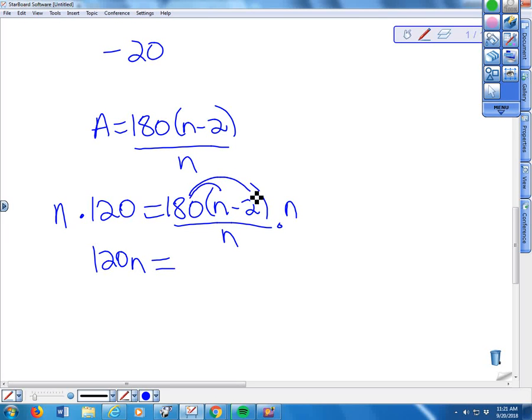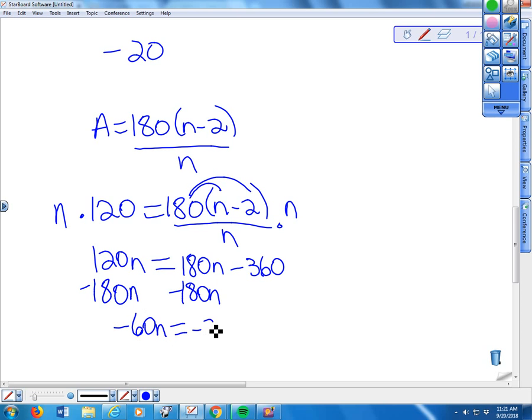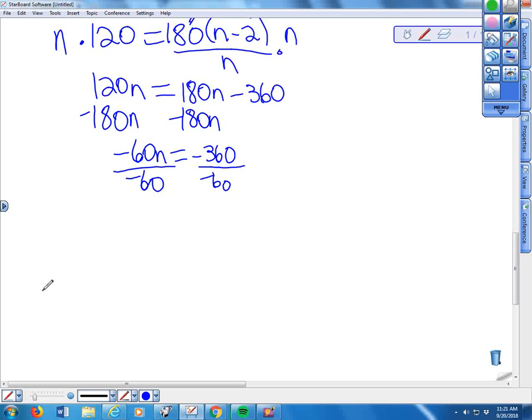Then distribute. Subtract. And divide. And negative 360 over negative 60 is positive 6.